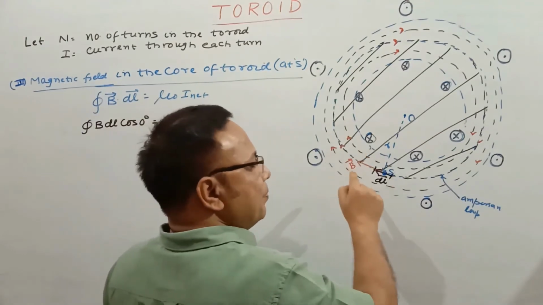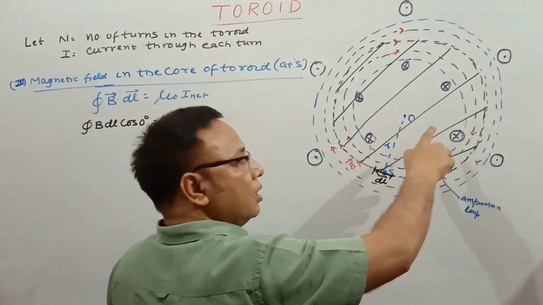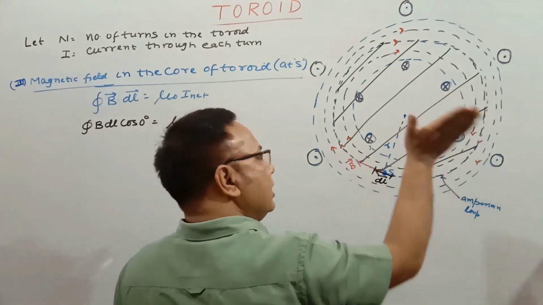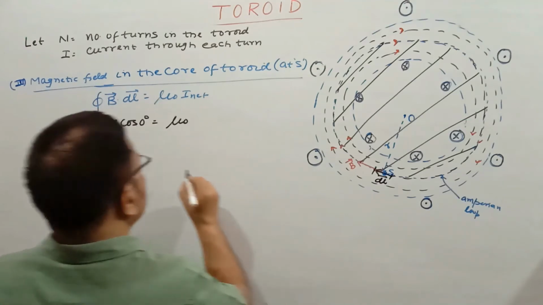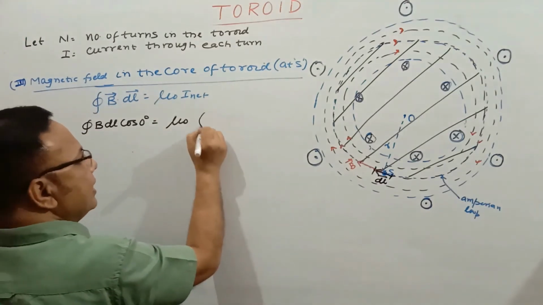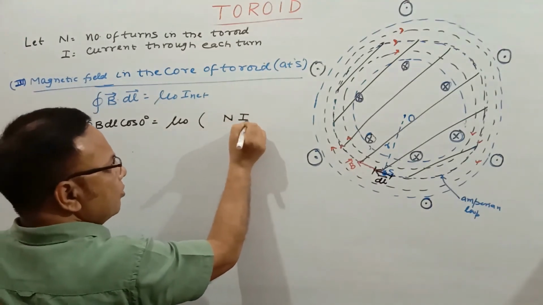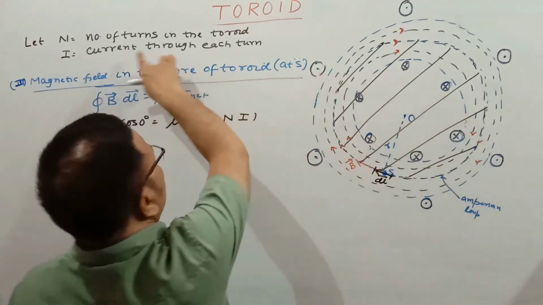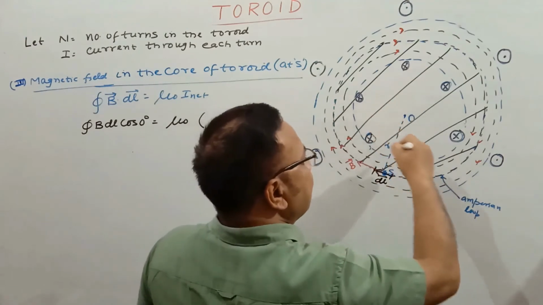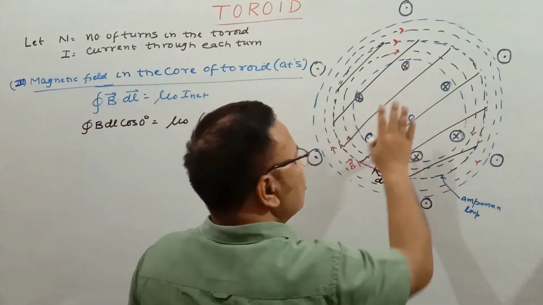If N number of turns are there, the total current crossing in is Ni, where I is the current through each turn. So these Ni currents are going inside.